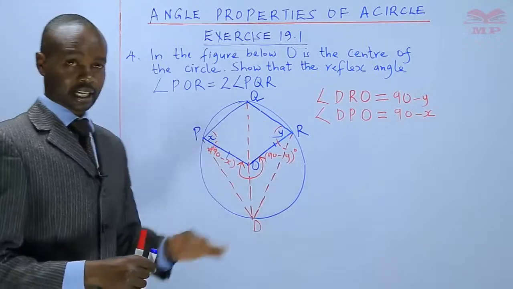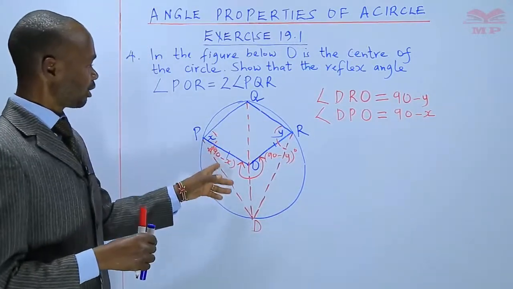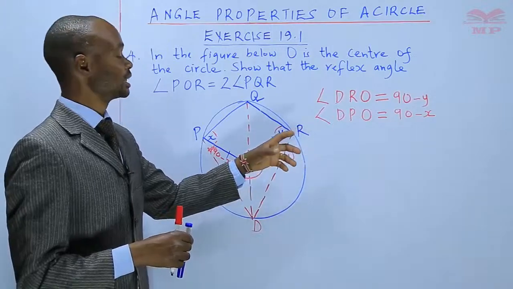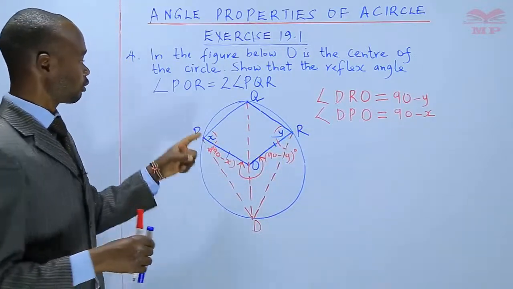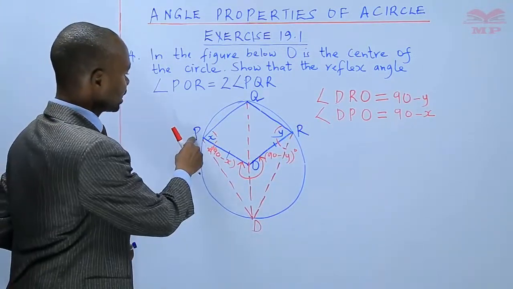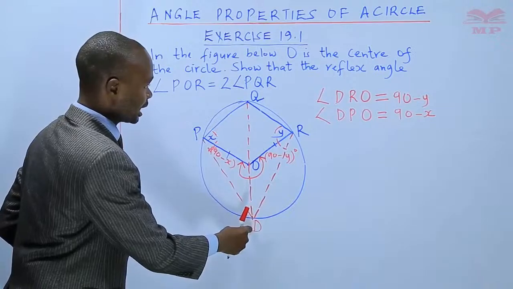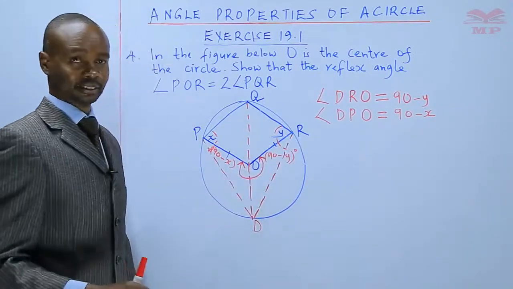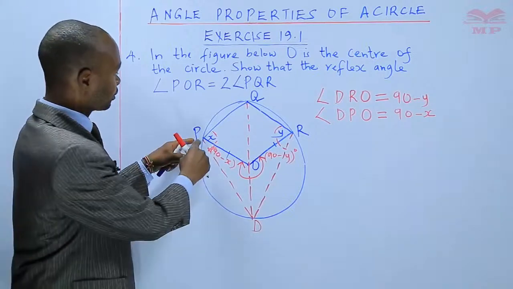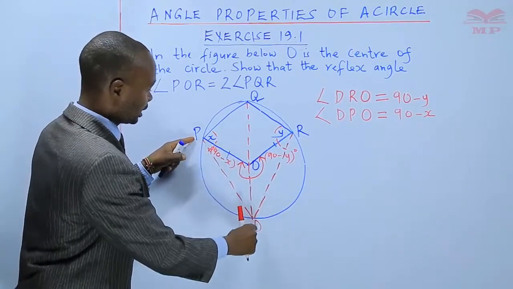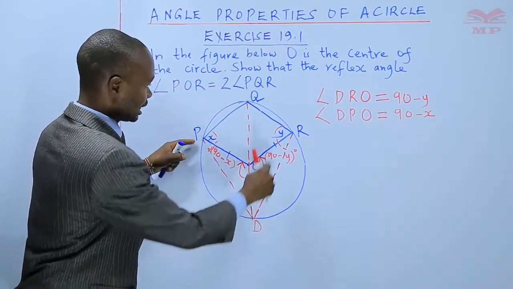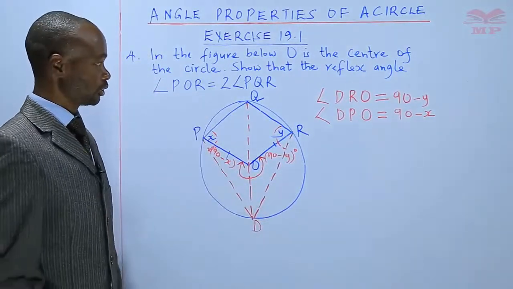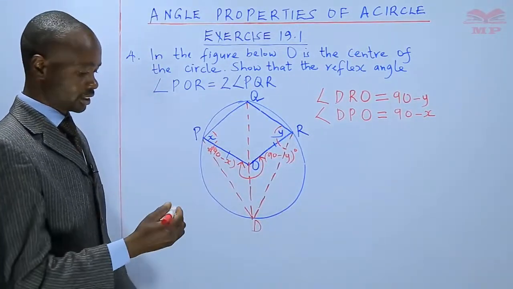So let's go straight to getting our reflex angle, POR. If you look well at the diagram, angle POR, that reflex angle, is the sum of two angles, POD and DOR. Isn't it? From the diagram, if I have POD and I add ROD, I'll get the value of the reflex angle.